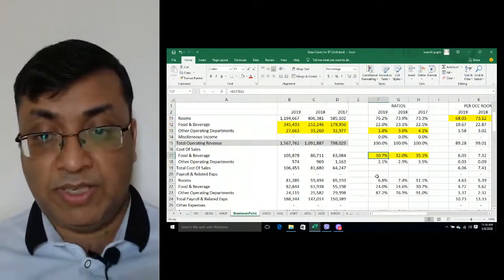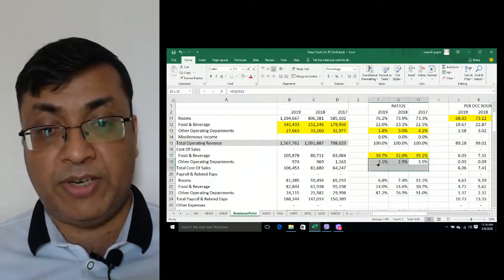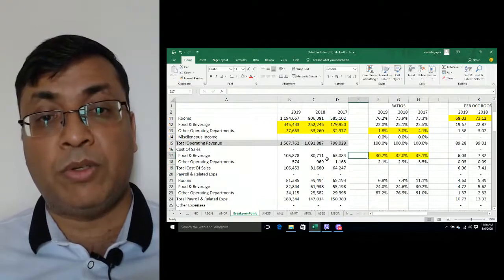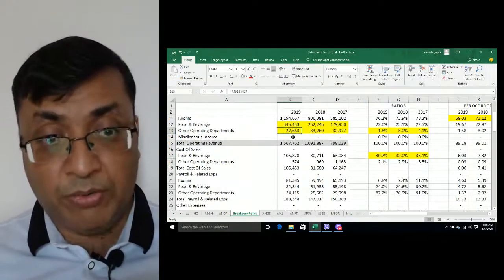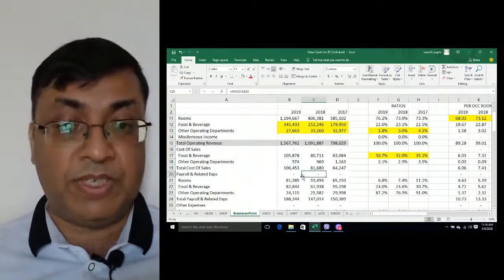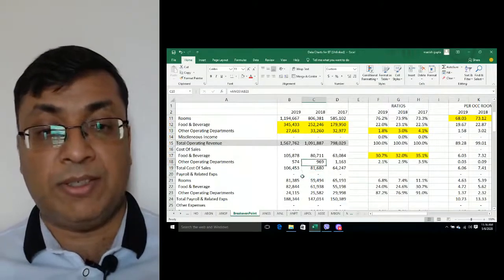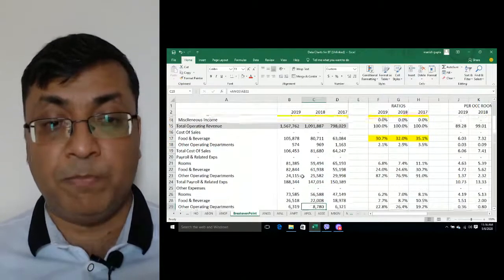The other operating department also shows a declining trend: even though revenue is dropping, the expense is dropping even faster. That is different, so you may need to investigate it more, but since this is not a very significant amount, we can ignore it for the time being.